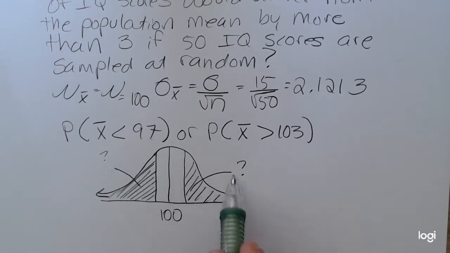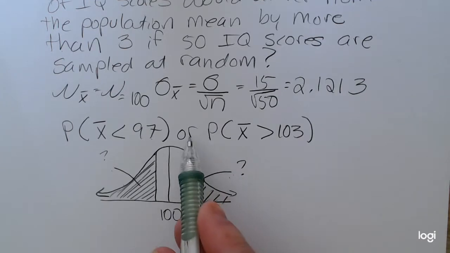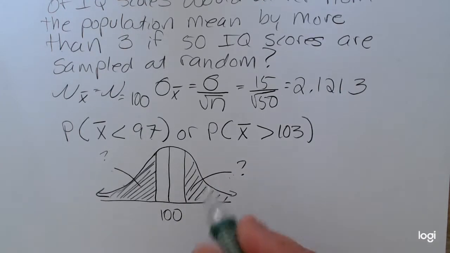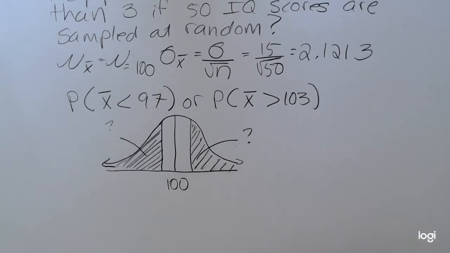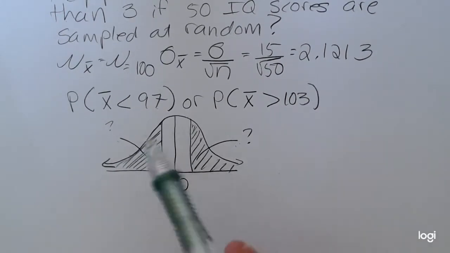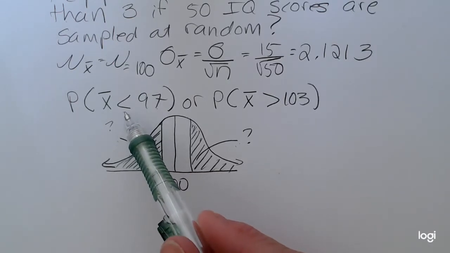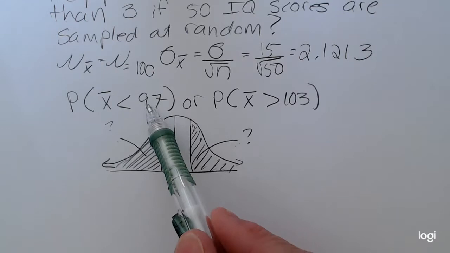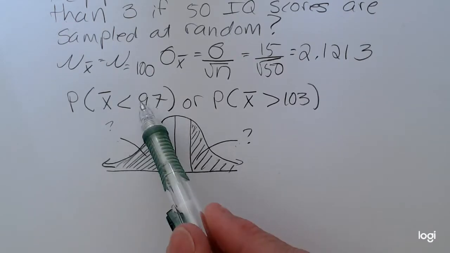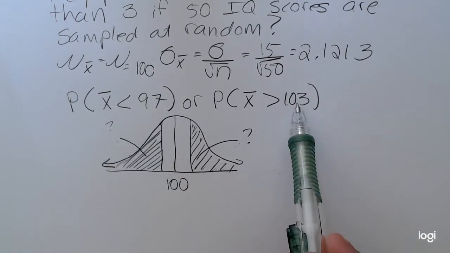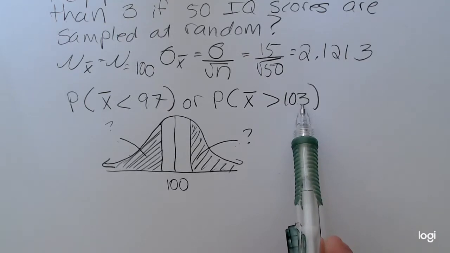And then I want to add these two together. OR means to add, and I have 2 mutually exclusive situations. So there's a couple ways to do this. I could use my normal CDF function twice, with this as my upper bound the first time, and this as my lower bound the second time.